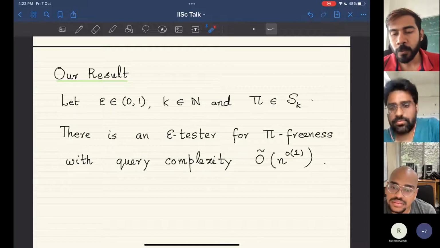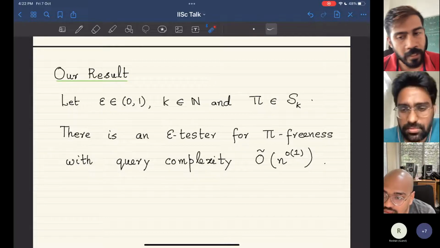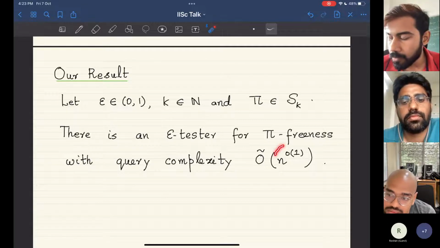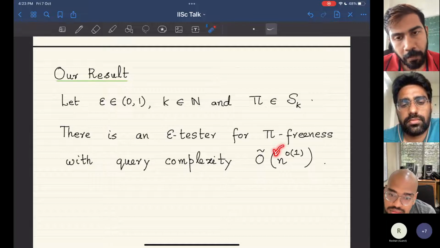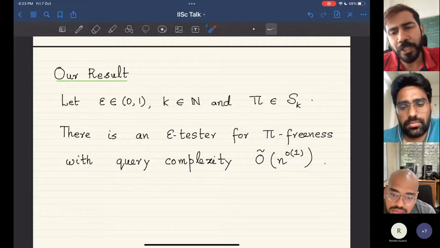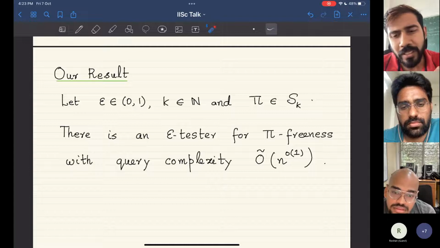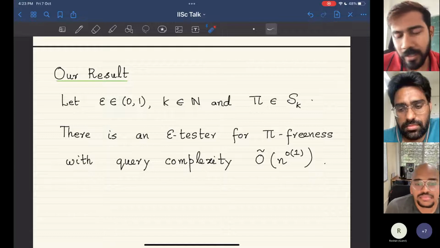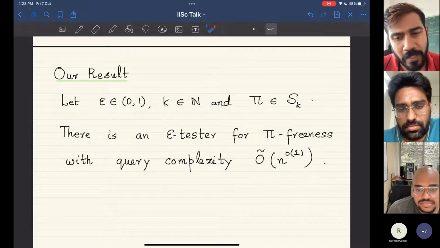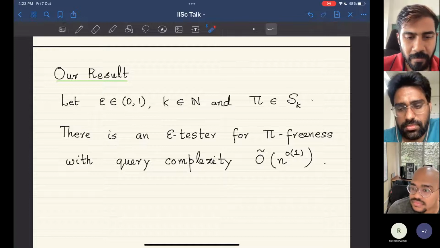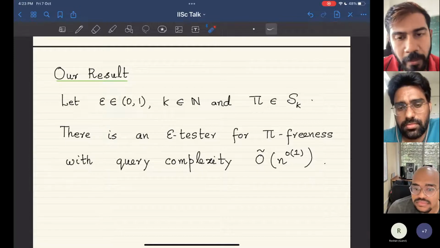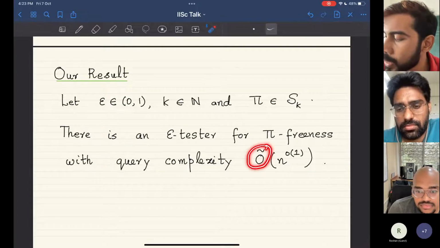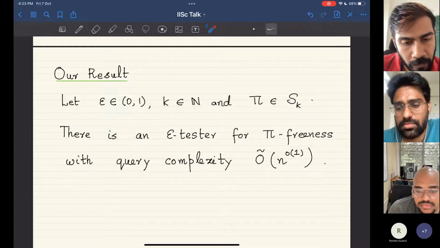We believe that our algorithm itself, when analyzed more carefully, can get better constants and better dependence on k, and maybe even work for non-constant k and still have similar query complexity, slightly non-constant but not too much. But for all constant k, it's n to the little o of 1, and this O-tilde notation hides polylog n factors.